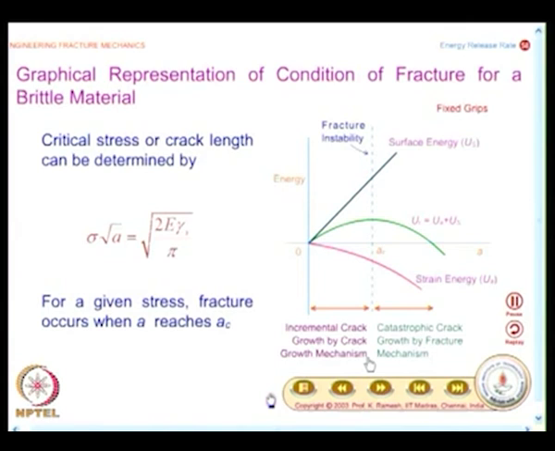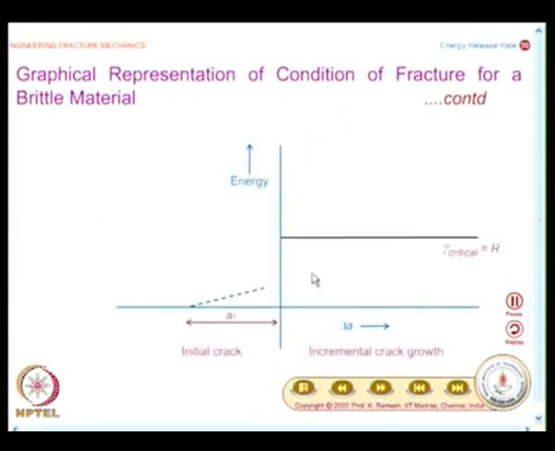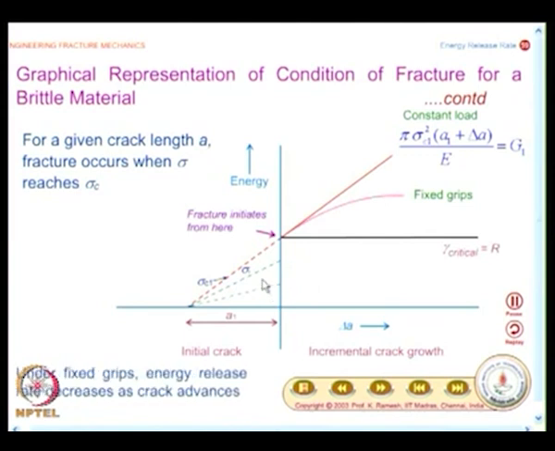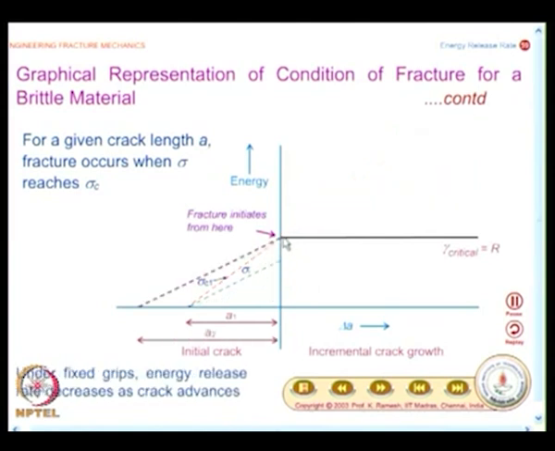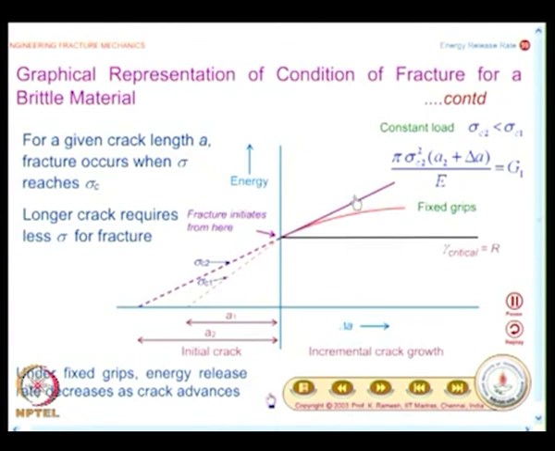We also saw another form of graphical representation, where we had mentioned the resistance R is this much. In the case of brittle material, as you increase the stress, what you find is, at a particular value of critical stress, fracture instability takes place.